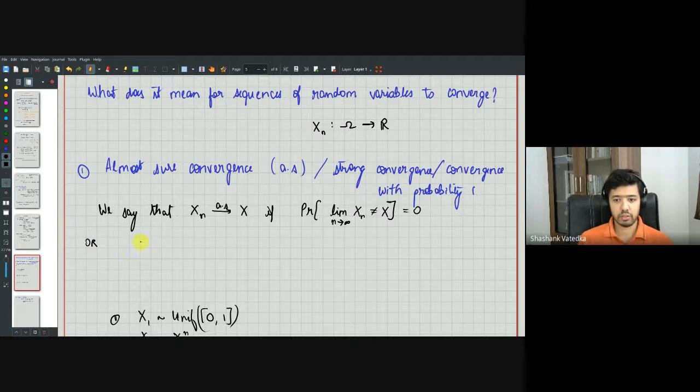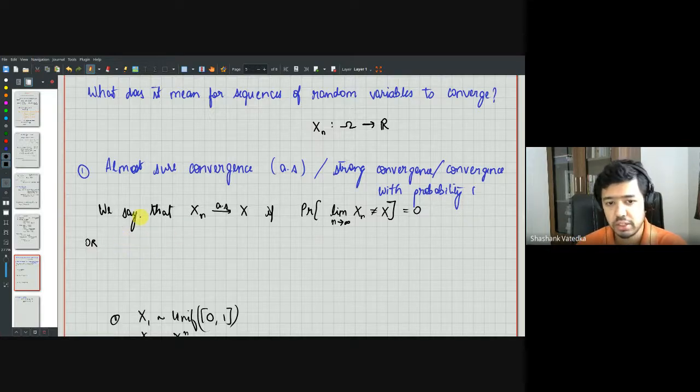So although this is what intuitively is happening in almost sure convergence, whenever you want to check whether a sequence of random variables converges almost surely, it is more useful to look at the following definition.